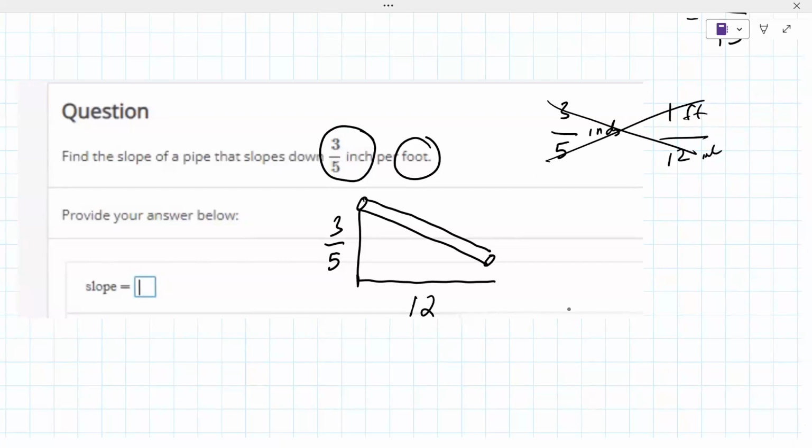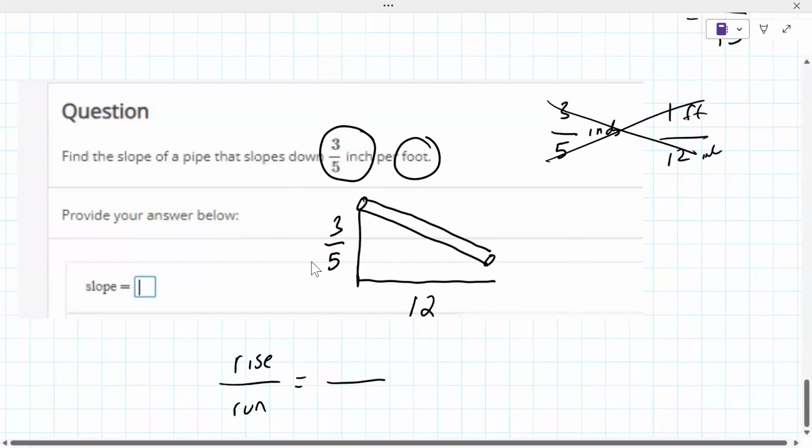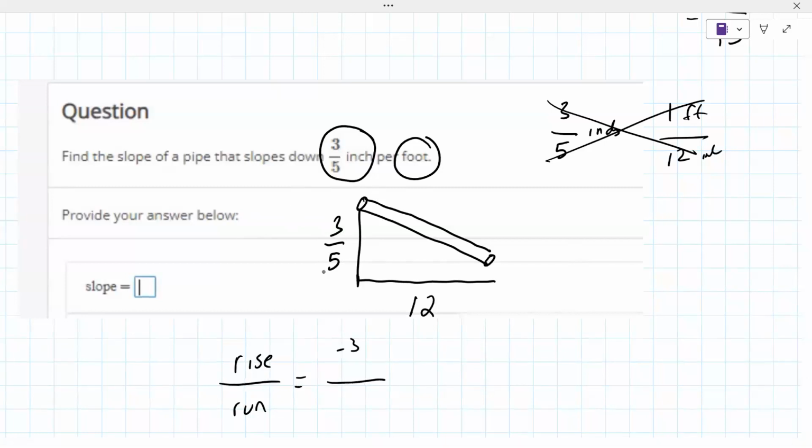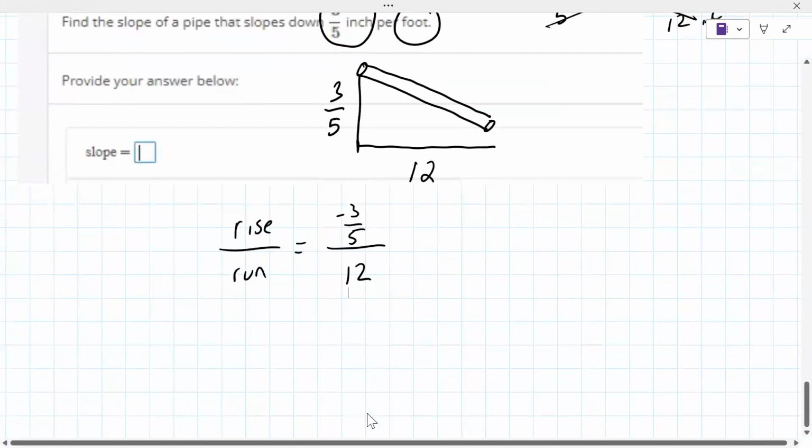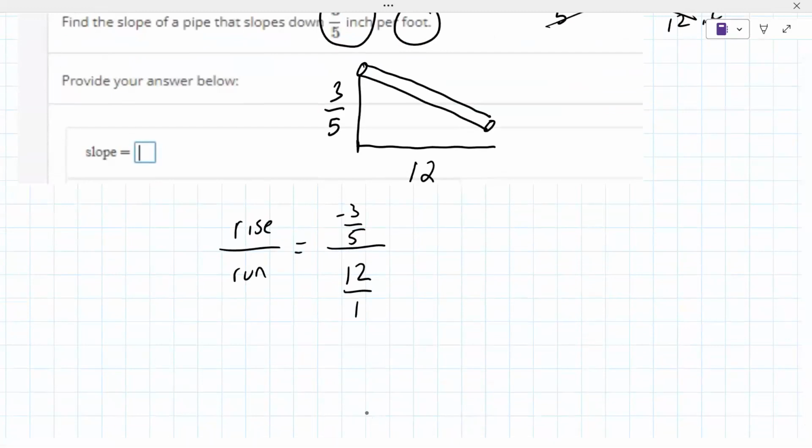So it's rise over run. But when you go down, what does it mean when you go down in terms of the rise? Is it positive or negative? Negative. So it's negative 3/5 divided by 12. So this is your answer, but we have to simplify this. 12 as a fraction is 12 over 1.